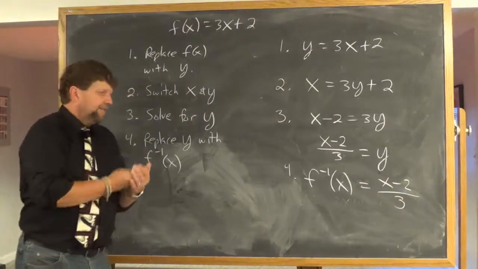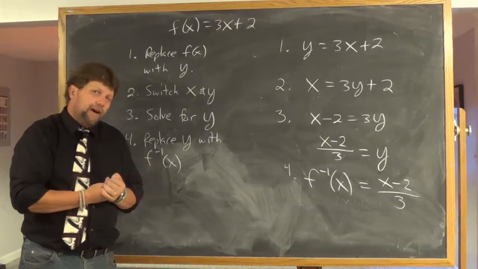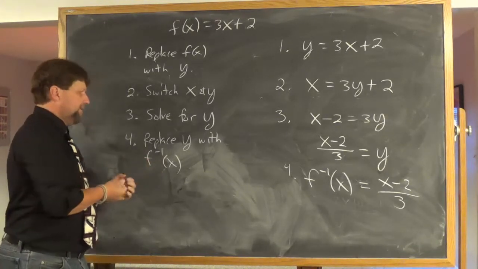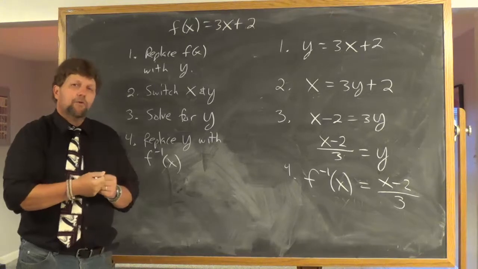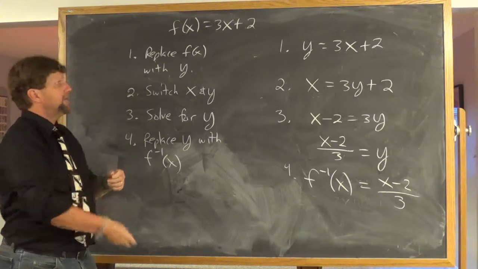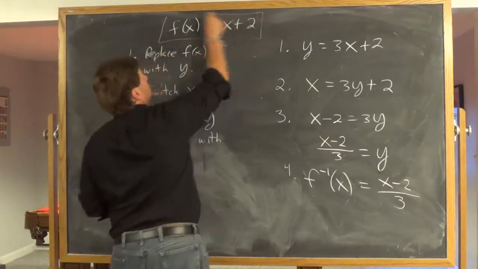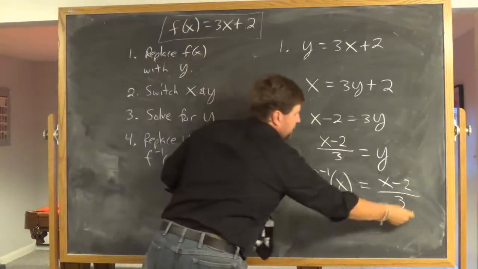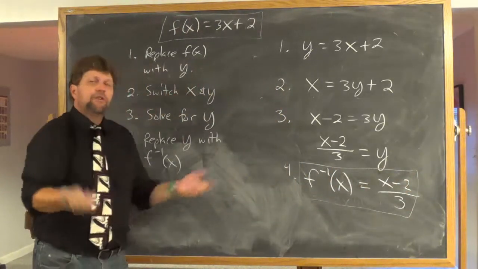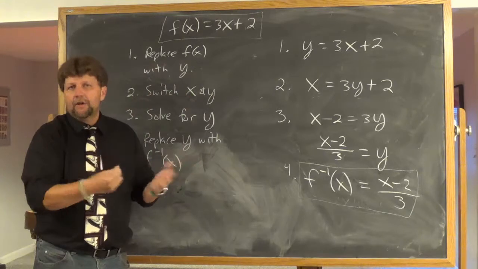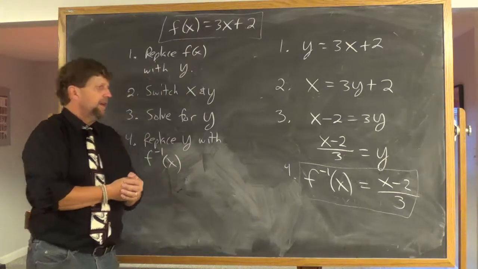And step 5, different people say different things for step 5. Some people say for step 5, check your work. And you would check your work by doing the composition of these two functions to make sure you get x back. That's how you know if they're inverse functions.